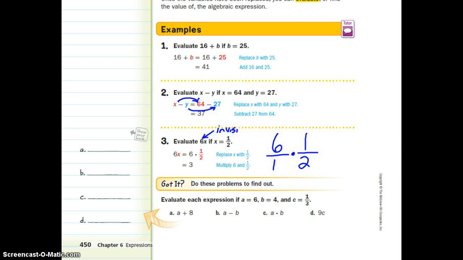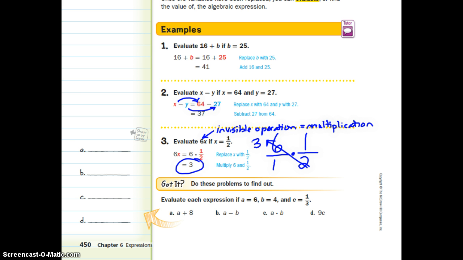Invisible operation equals multiplication. Please do not stick the numbers together. So we know 2 goes into 6 3 times, so the answer to this particular problem is 3.